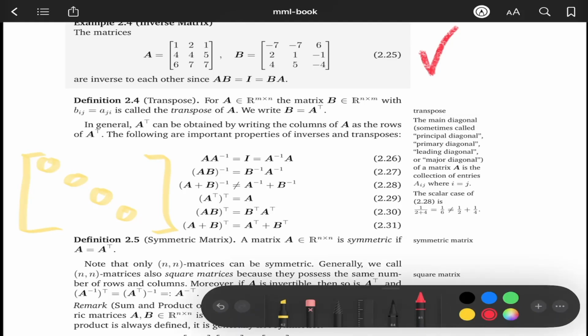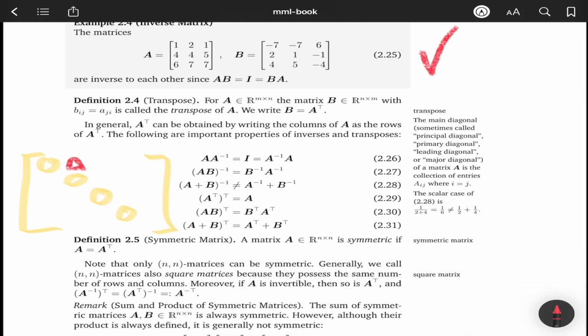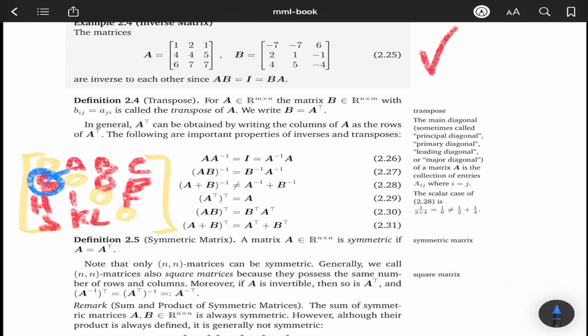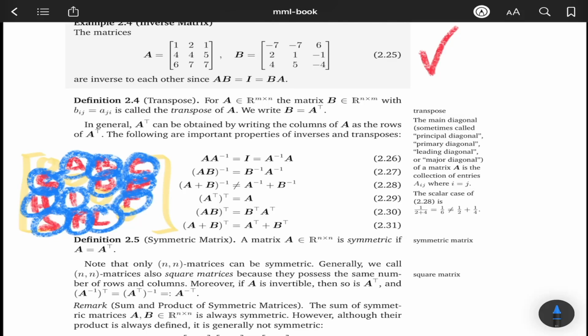And then if we have, let's just call them, G, H, I, J, K, L. So what happens is we are flipping these two, we are flipping these two, we are flipping these two, we are flipping these two, we are flipping these two and these two. So it is like a mirror image.